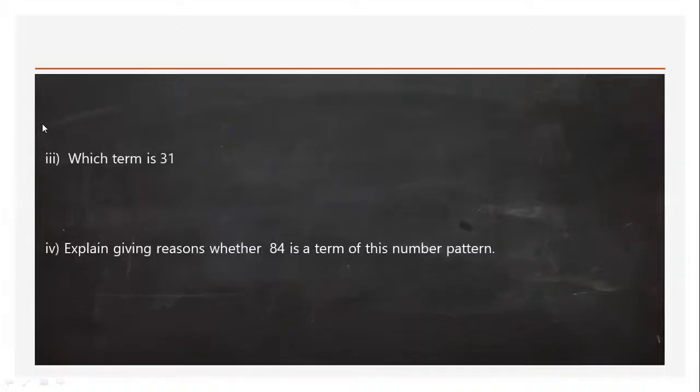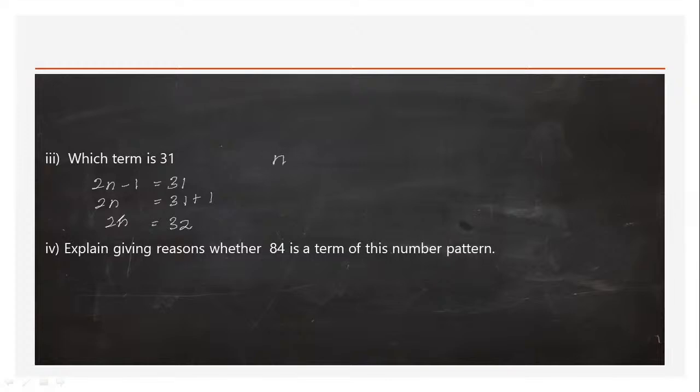Next one. Which term is 31? Use the general term: 2n minus 1 equals 31. 2n equals 31, borrow this minus 1 to the other side, plus 1. 2n equals 32.